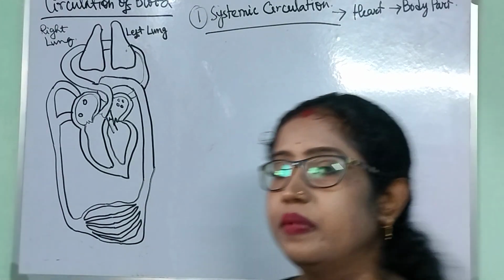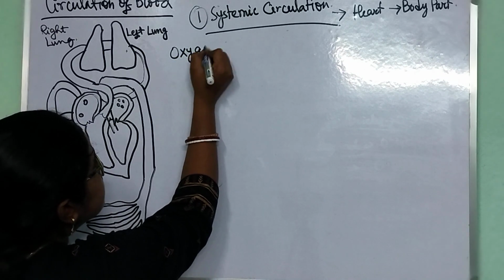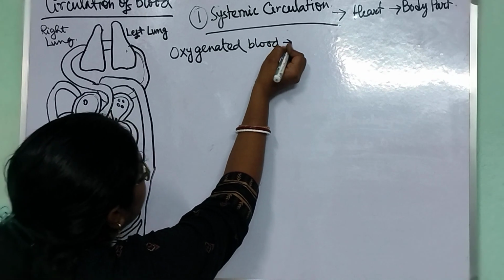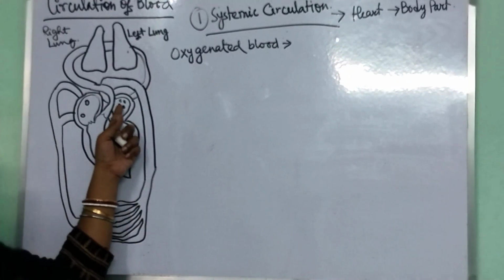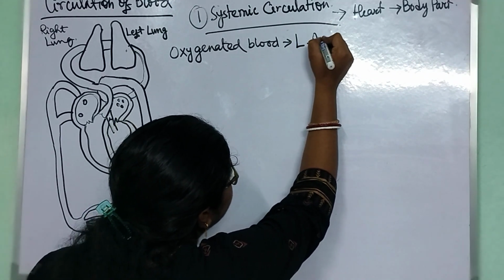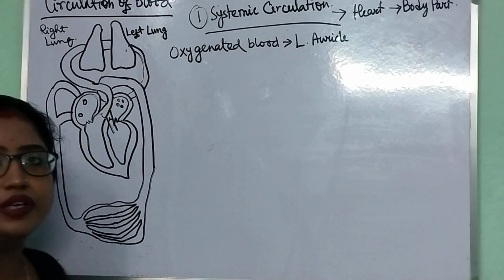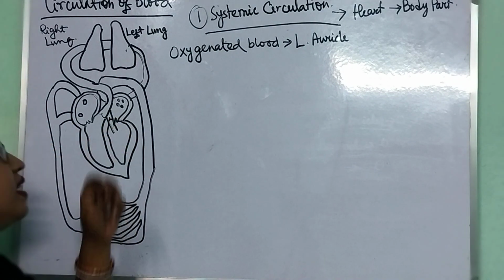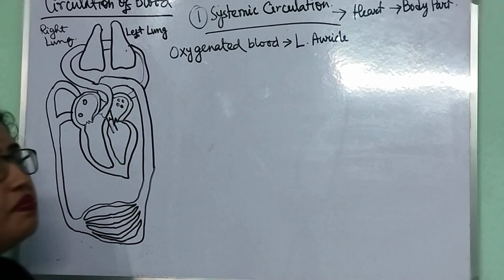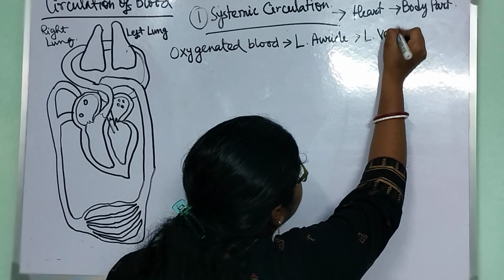In this case, what happens is, first, oxygenated blood enters firstly into left auricle. Then left auricle contracts, the bicuspid valve opens, and the left ventricle is full of blood. So the blood passes through left ventricle.